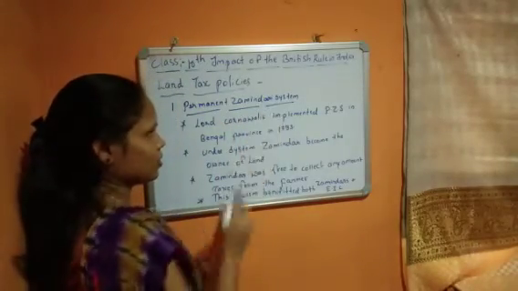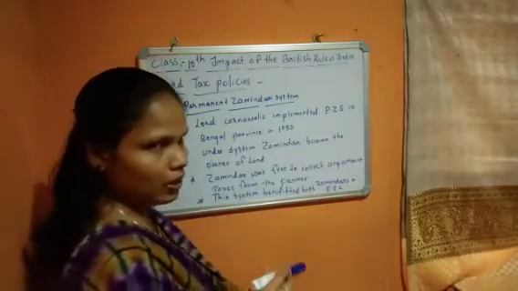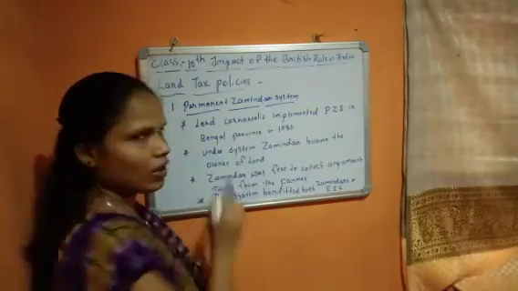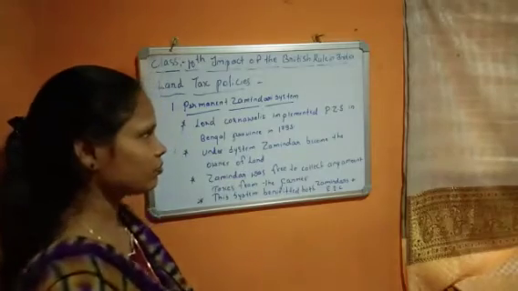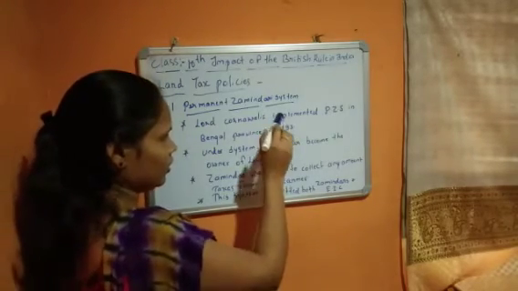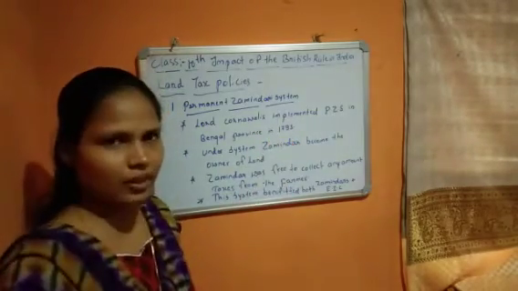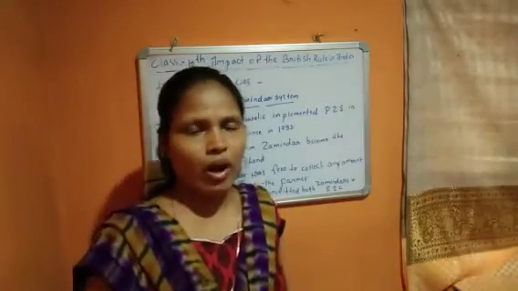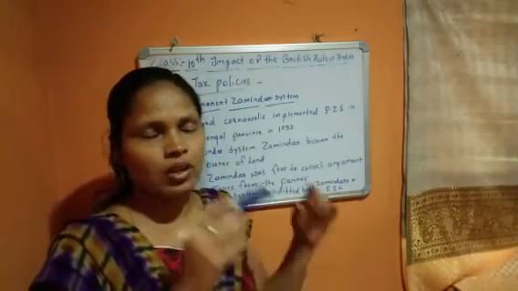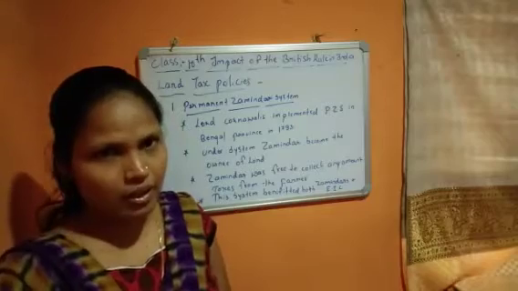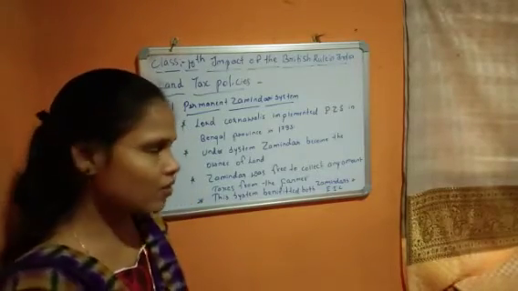The permanent zamindari system was implemented by Lord Cornwallis in Bengal province in the year 1793. Okay, who and when implemented the permanent zamindari system? What is the answer?